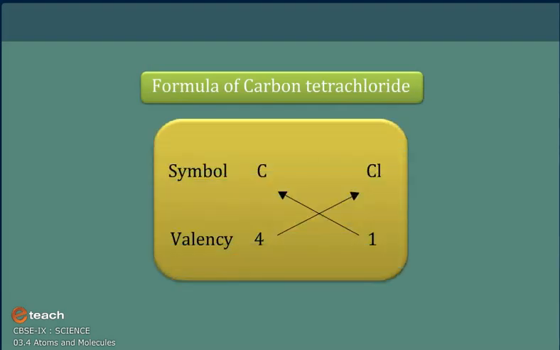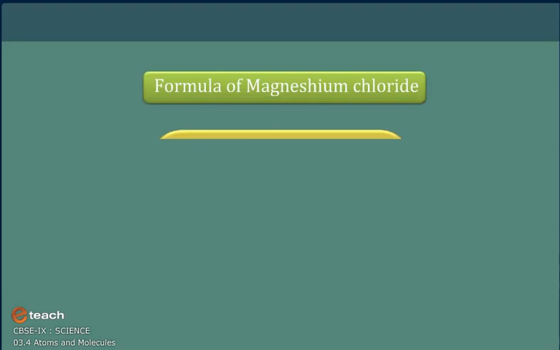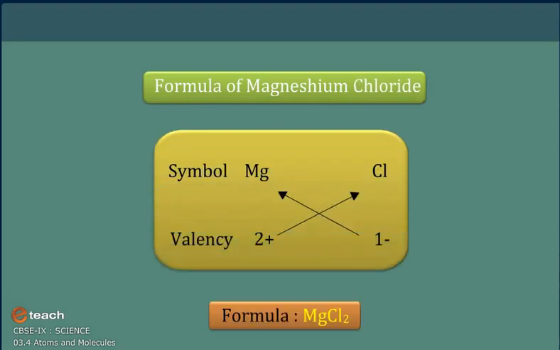Formula of carbon tetrachloride. Formula CCl4. Formula of magnesium chloride. Formula is MgCl2. Thus, in magnesium chloride, there are two chloride ions, Cl-, for each magnesium ion, Mg2+. The positive and negative charges must balance each other and the overall structure must be neutral.